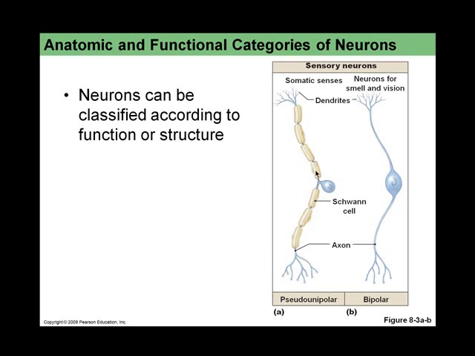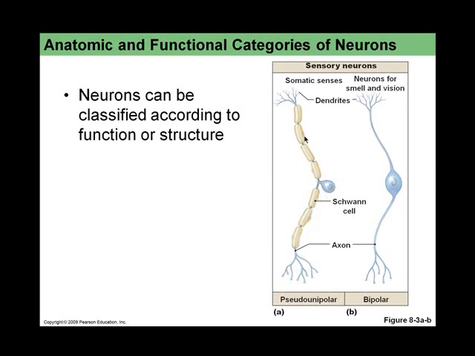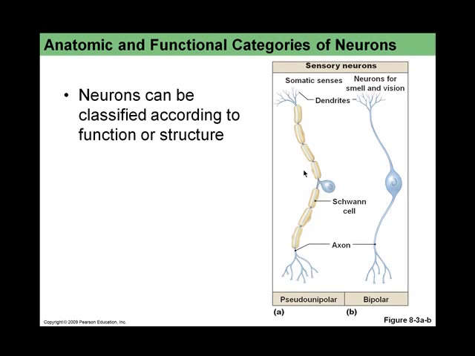However, if you look at the molecular biology of this peripheral process of the pseudo-unipolar primary sensory neuron, functionally it has the capability of generating action potentials, so functionally it's really an axon.